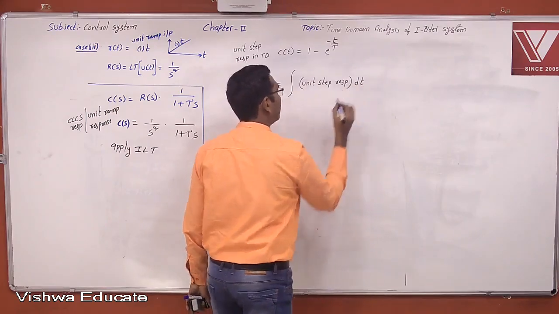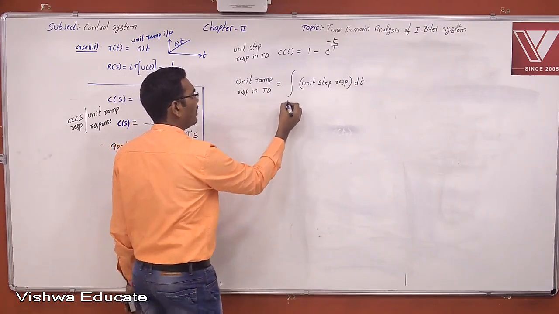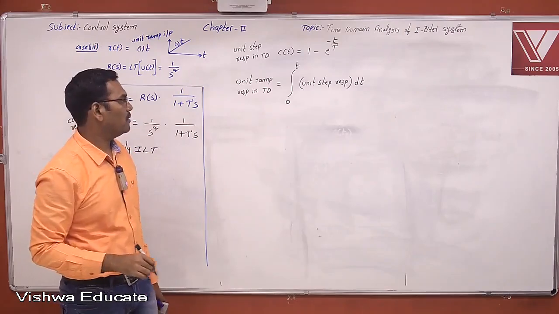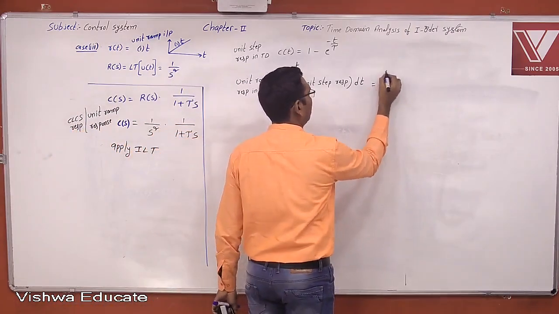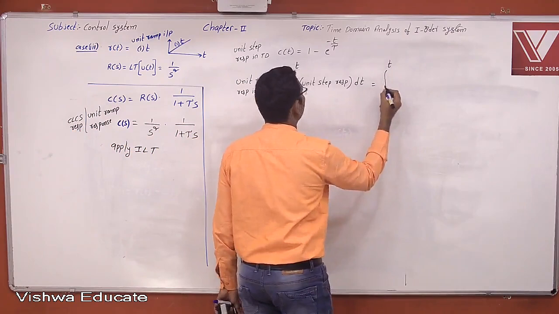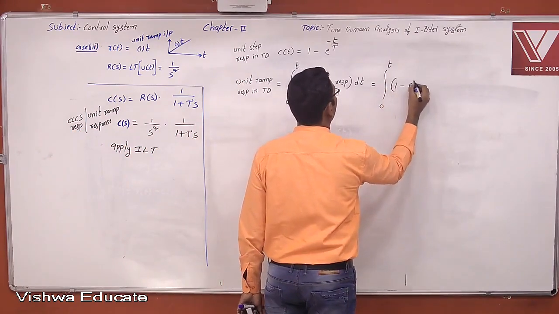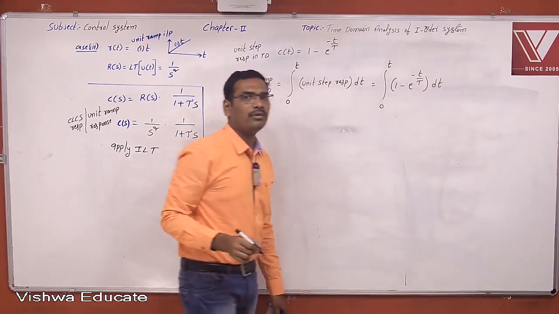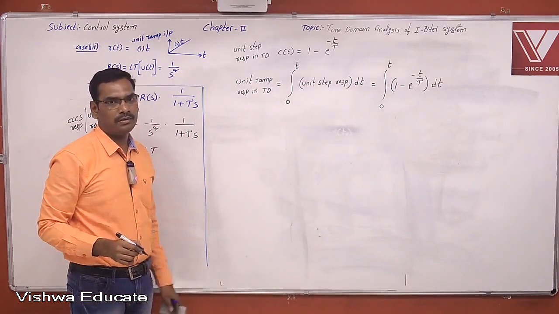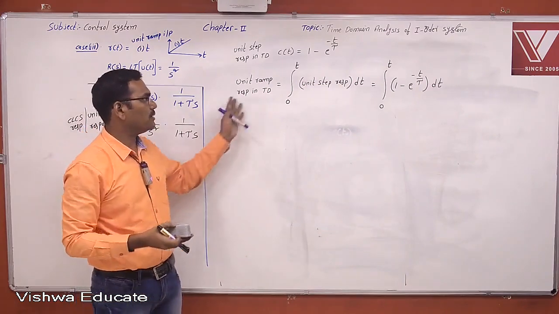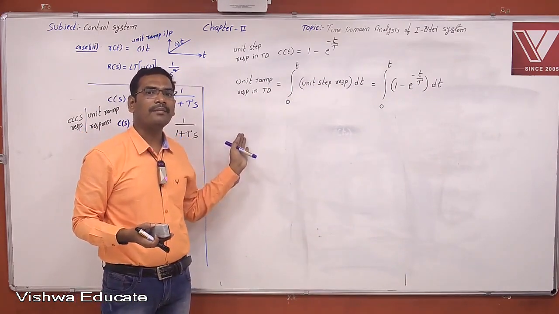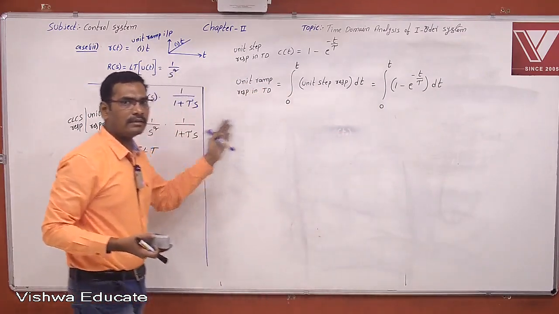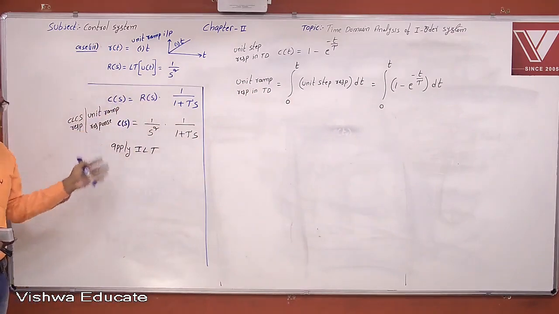If you integrate the unit step response for all positive values of time, then you can get the unit ramp response. Therefore it is the integral from 0 to t of 1 minus e power minus t by tau dt. Now, students, you just do this integration and you can get the unit ramp response directly from the unit step response. That is the direct answer, why unnecessarily do this lengthy method. You just do that and you can take a copy of this.